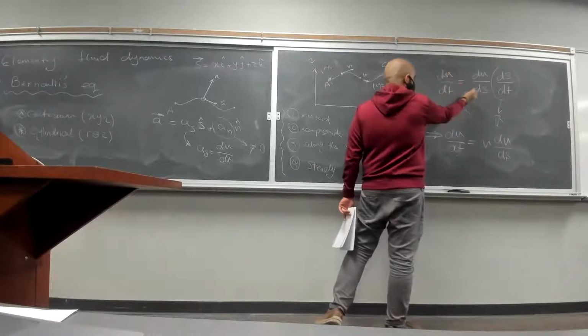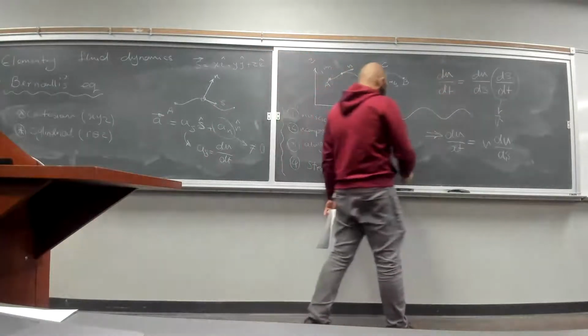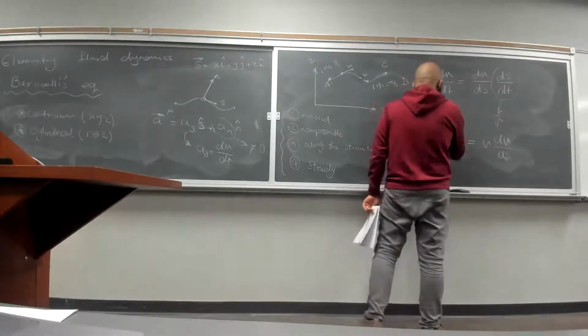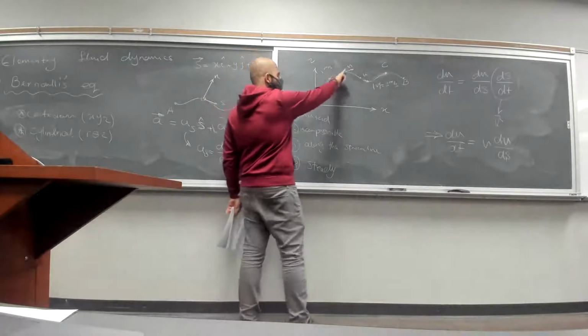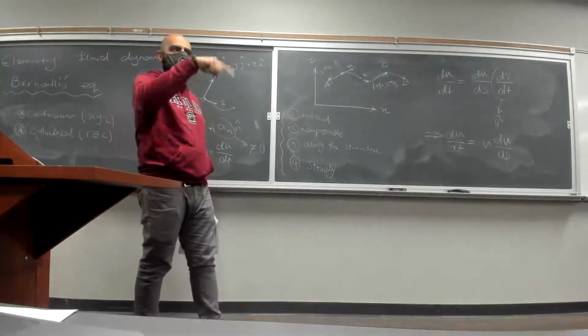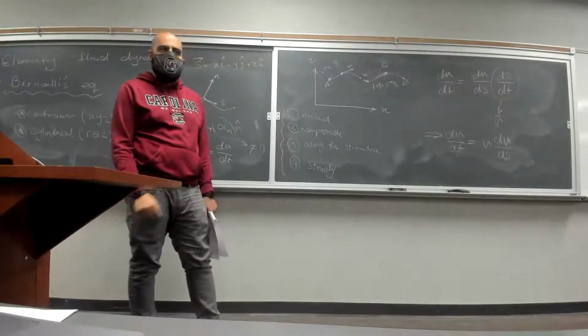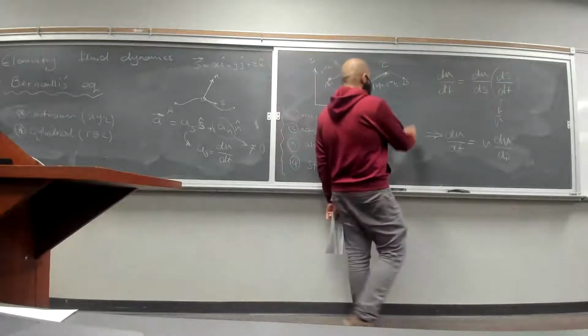There is some force being applied to it, right? And that force is called the centrifugal force, which, in the most general terms, is also present here because we have changes in the shape of the streamline, so we have a change in the direction of the velocity vector. Does this make sense?